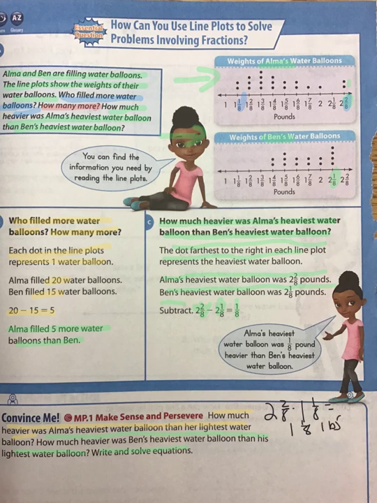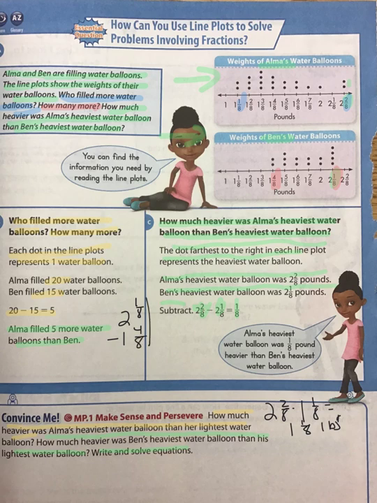Okay. Now let's look at Ben's. I'm going to highlight in red for you. So if his heaviest water balloon is 2 1/8, his lightest is 1 4/8. So I'm going to write it up here: 2 1/8 minus 1 4/8.